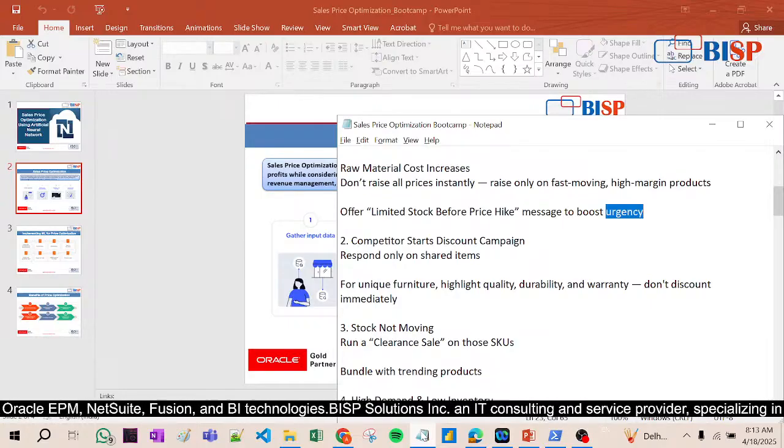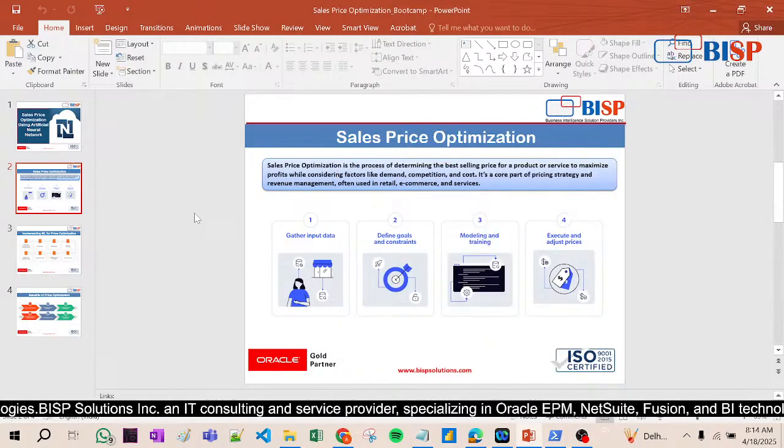If you provide the historical data to the artificial neural network, to the machine, it automatically gives you an idea of what type of optimization you can do. So this is all about optimization.